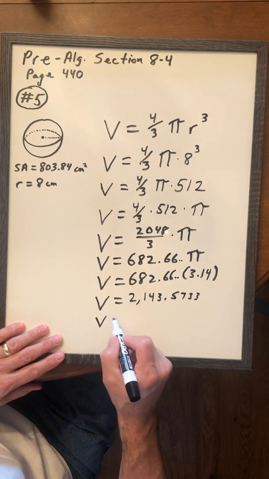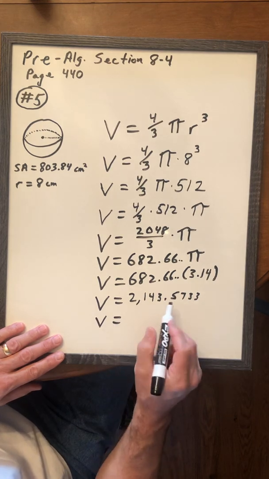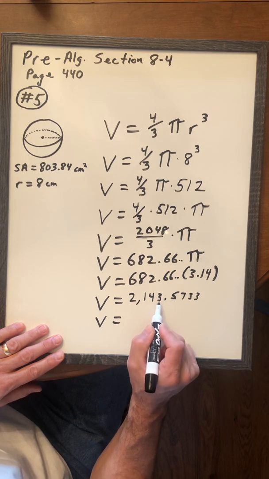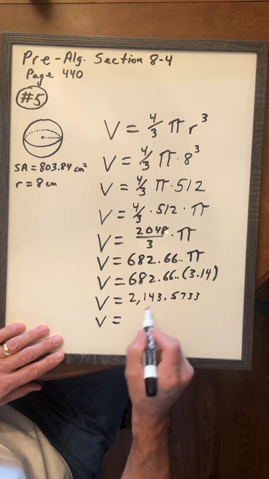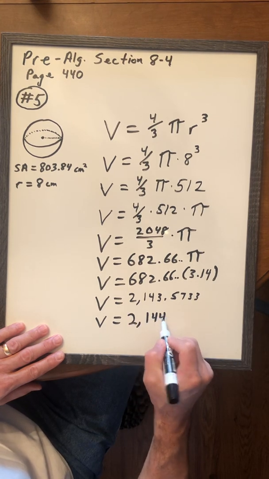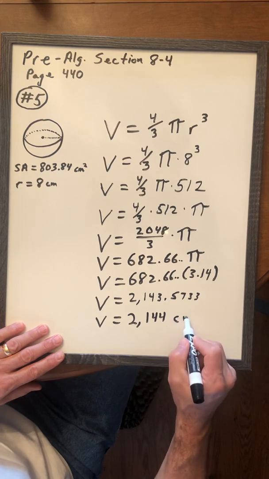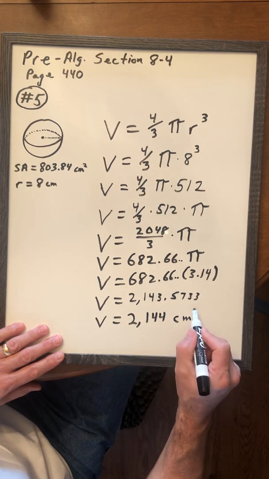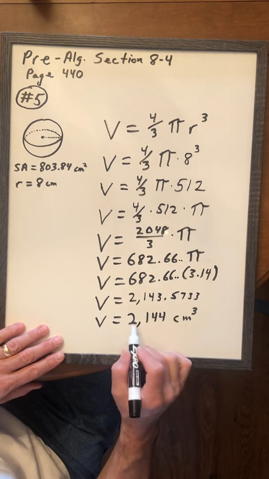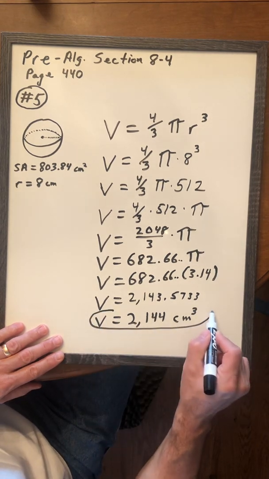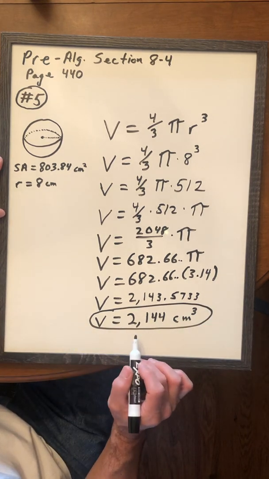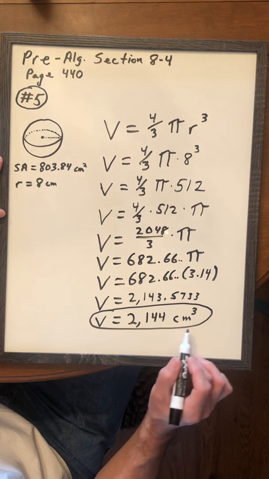And so that means they want us to round to the nearest whole number, so that would be here at the 3. I look, it's a 5, so that's going to raise the 3 to a 4, so it's going to be 2,144, and that would be centimeters. And since we are finding volume, it is always units cubed. So to the nearest whole number, we found our volume of the sphere. It ended up to be 2,144 centimeters cubed.